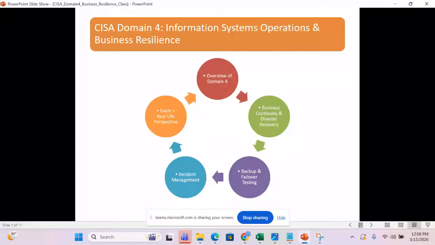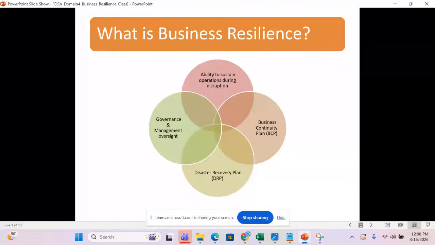So to start with, let's look at what is business resilience. Let me give a quick example. Many of us, when asked why are you using two SIM cards, will say, I have MTN and Airtel because when my MTN goes down, my Airtel will always be there for me.